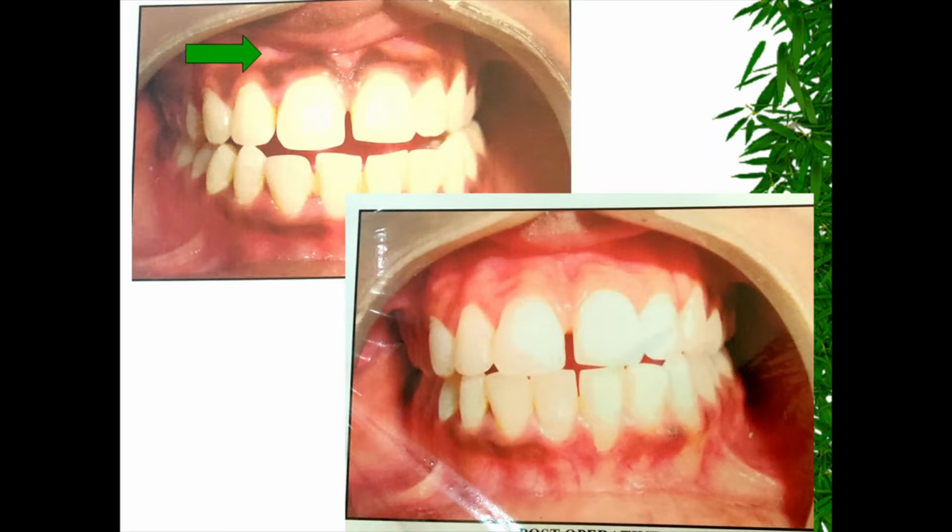Aesthetic basically depends on patient to patient. So if the patient says, I don't want pigmentation in the gingiva, I want my gingiva to look more pink, then we can remove the pigmentation for the aesthetic demand of the patient.